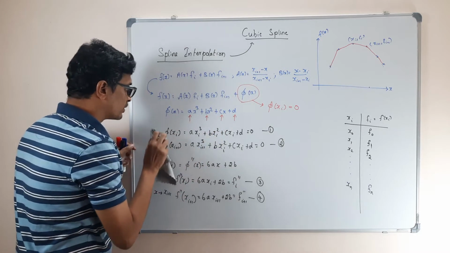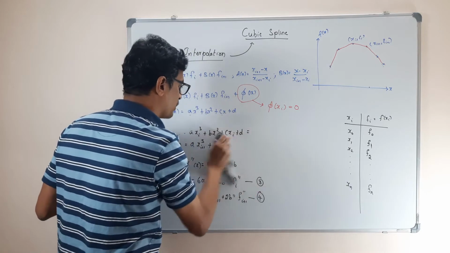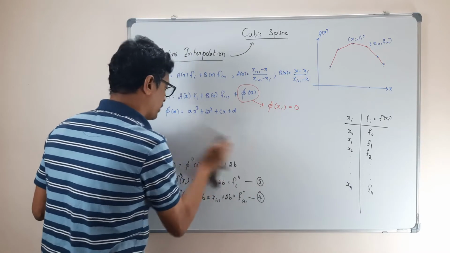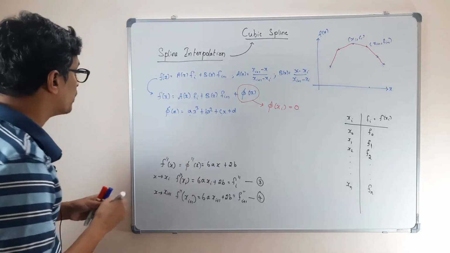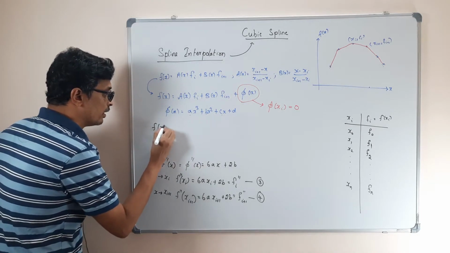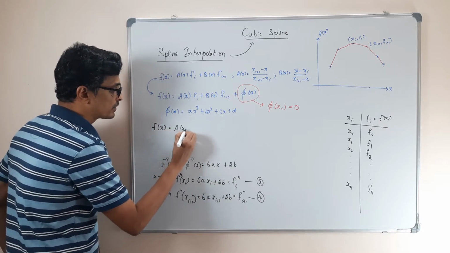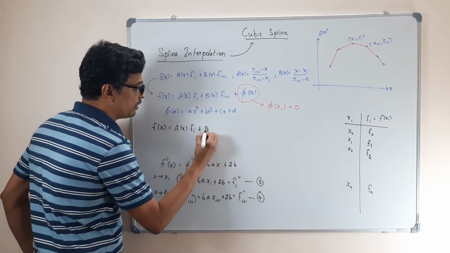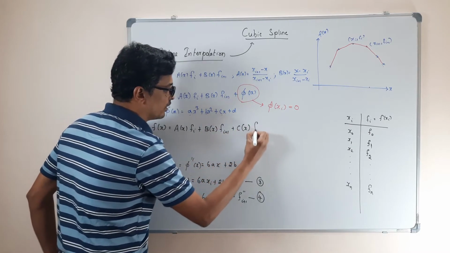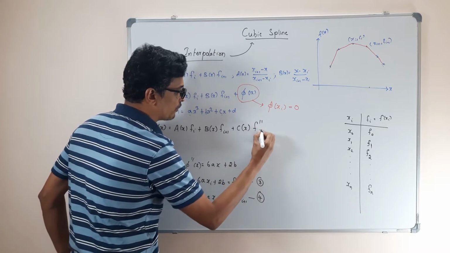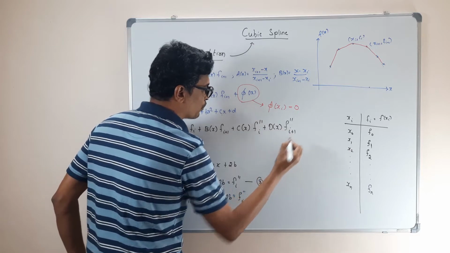I will write down the final expression; you can do it yourself with pen and paper. So your f of x can be modified using these conditions as a of x f of i plus b of x f of i plus 1 plus c of x f double prime of i plus d of x f double prime of i plus 1.